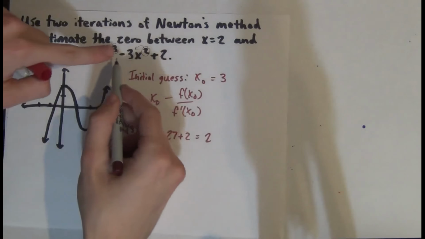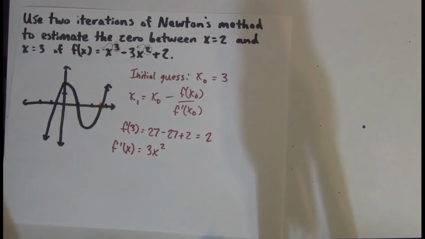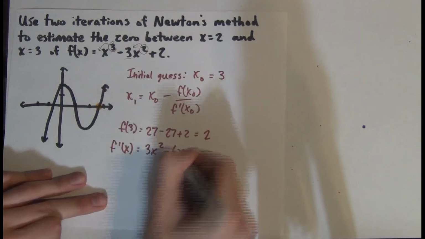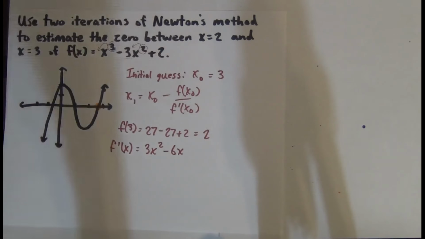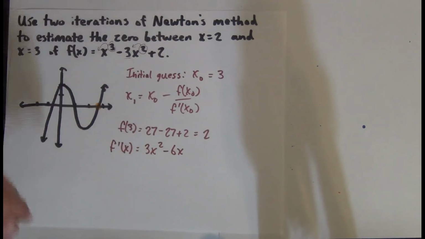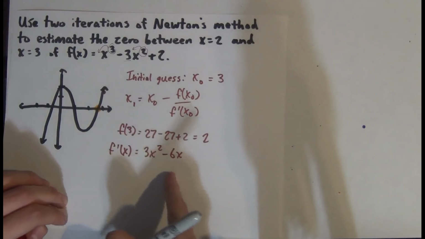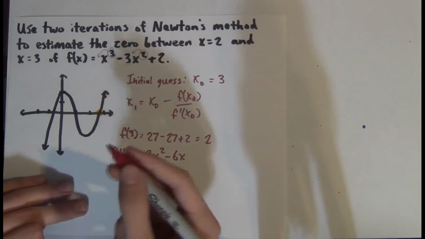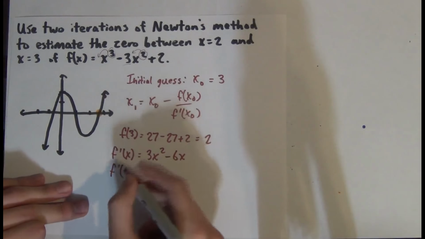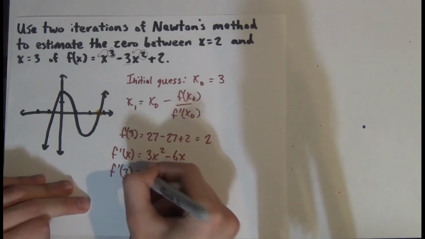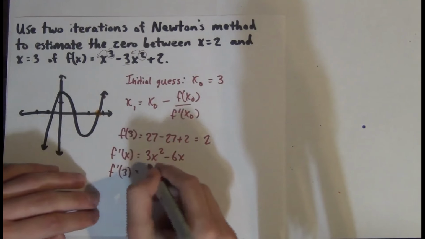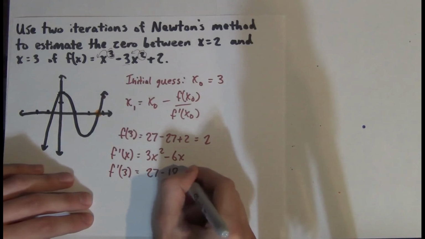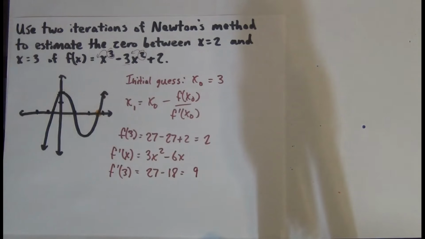So this would essentially be negative 3 times 2 for my new coefficient of negative 6, x to the first. And since that's a constant, and you take the derivative of a constant, that goes to 0. So that's my derivative. Now I want to plug in my initial value of 3 to determine what that is. Well, f prime at 3 is just 3 times 3 squared, which is also 27, minus 6 times 3, which is 18. Okay, so that's going to get me 9.